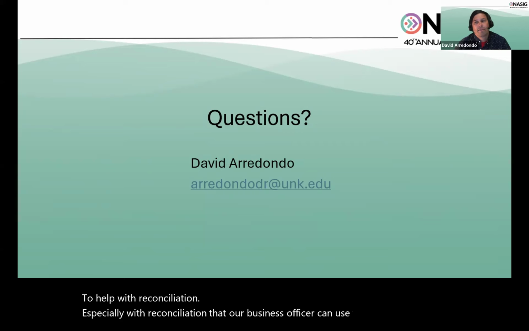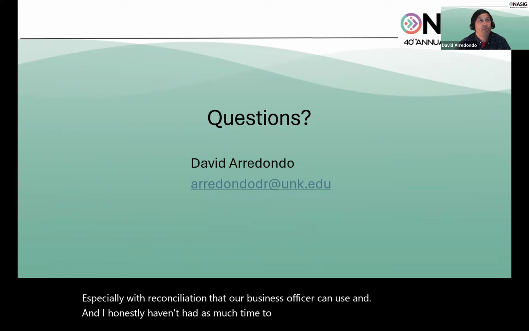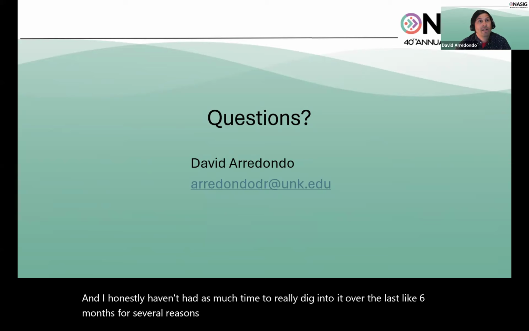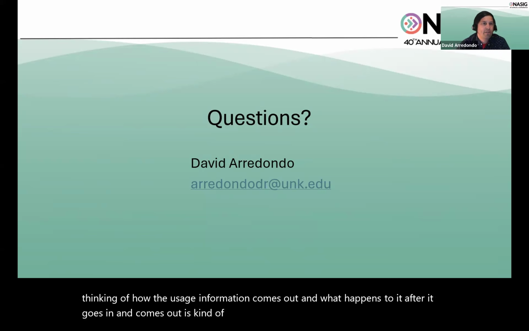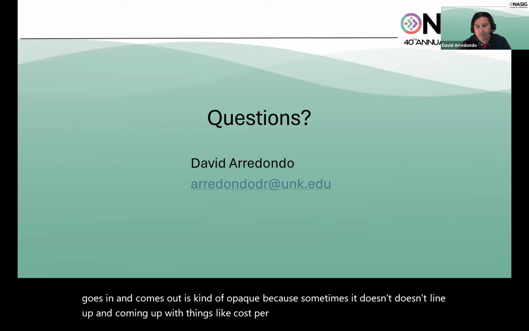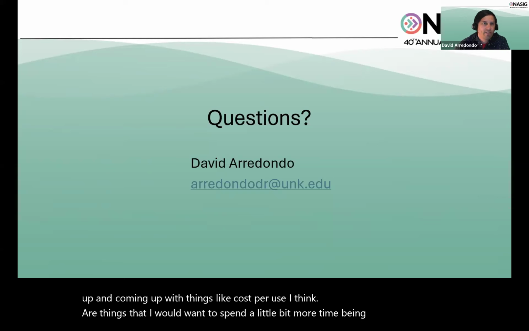And honestly I haven't had as much time to dig into it over the last six months for several reasons. I also struggle with the COUNTER reports. How the usage information comes out, and what happens to it after it goes in and comes out, is kind of opaque, because sometimes it doesn't line up. Coming up with things like cost per use is something I would want to spend more time validating myself.